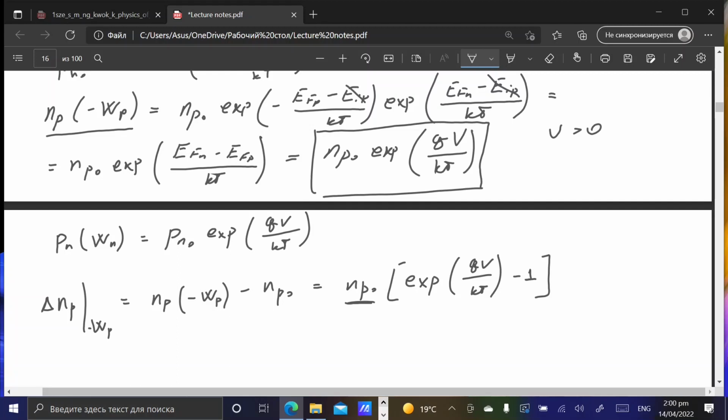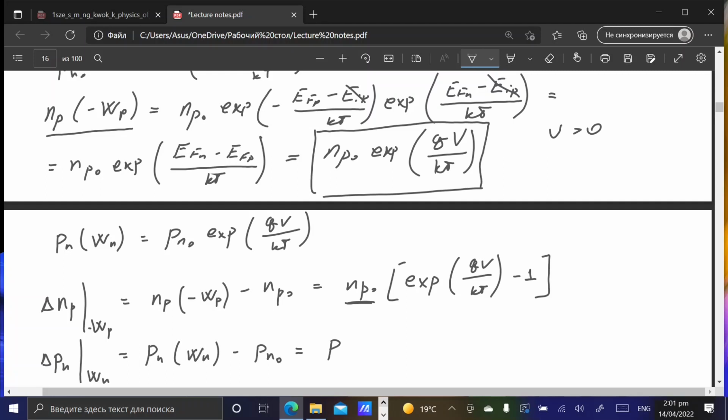The same we can write for holes in N-type semiconductor at coordinate Wn, and that will be Pn Wn minus Pn naught.